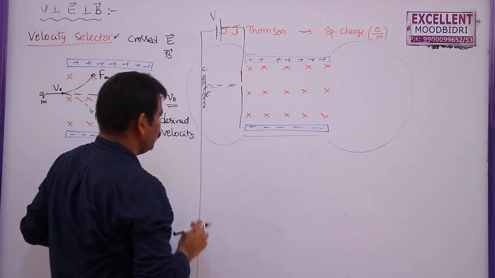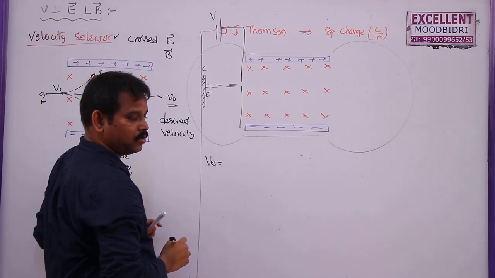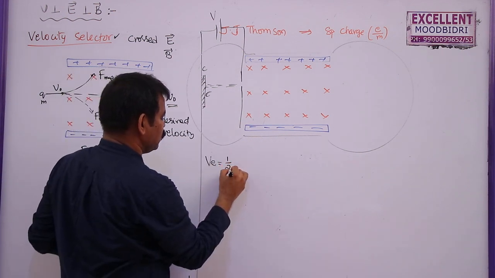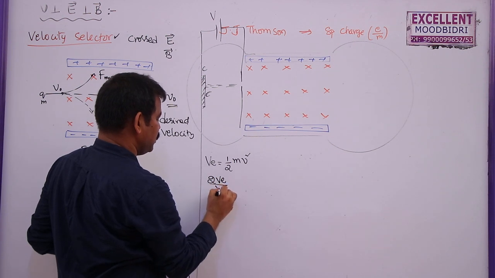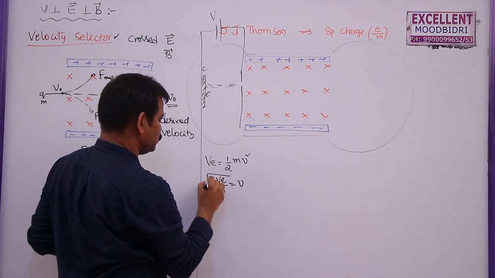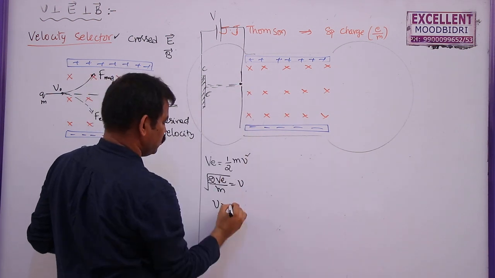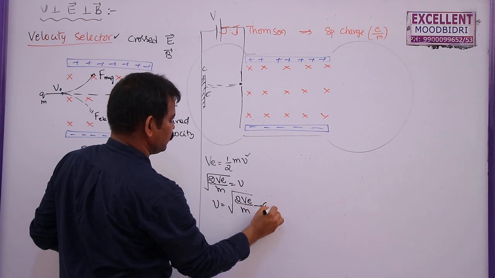When it comes from here to here, the work done on the charge is VQ, that is the potential difference between these two times the charge e, which is equal to half mv square. So v square is equal to 2Ve by m. So the velocity of the charge when it comes to this point is equal to root over 2Ve by m. This is equation 1.